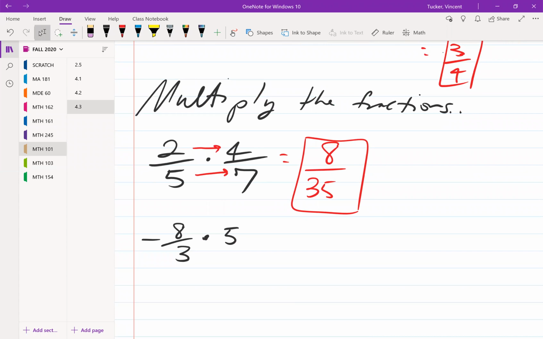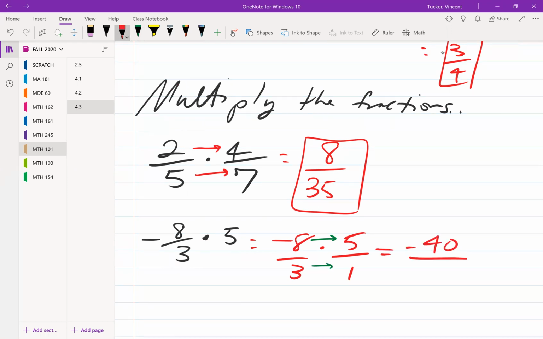Here we have negative 8/3 times 5. That 5 is the same thing as 5 over 1. Multiply across. And that is negative 40 over 3.